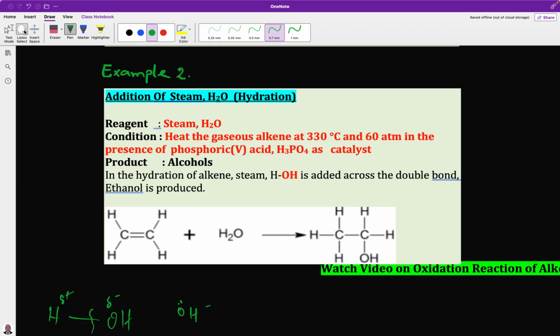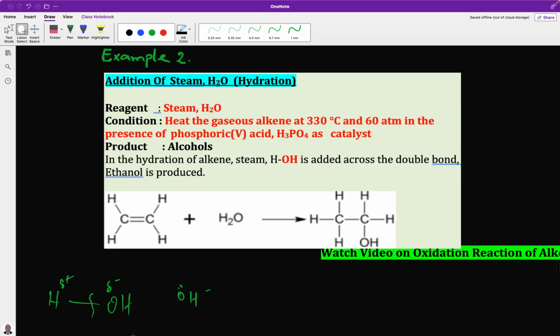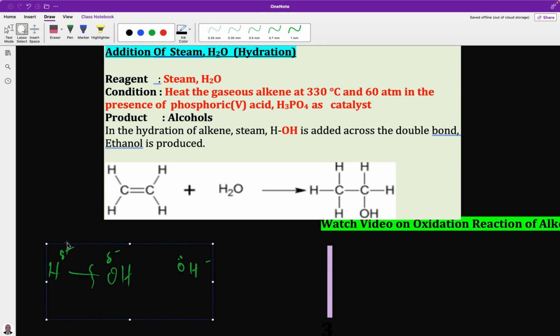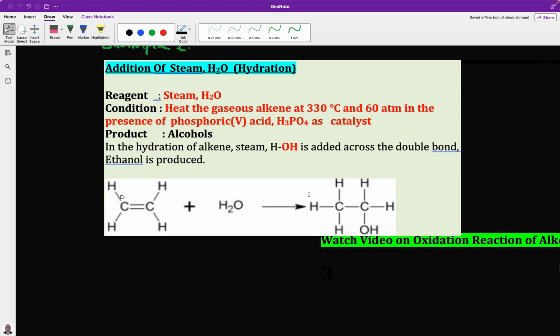Just as I said the other time, there will be a bond here with a hydrogen. A bond will form with the hydrogen.